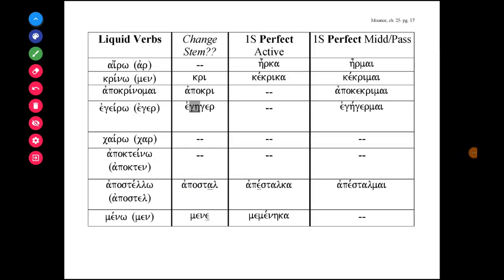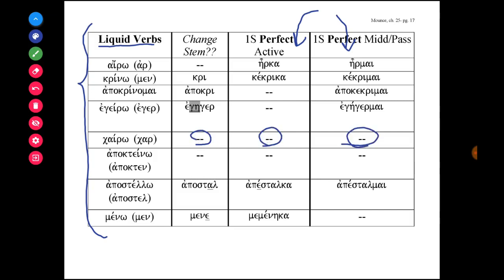On this screen, I listed out some of the liquid verbs that you'll find in an extra handout in your learning activity on vocabulary. There you'll have all the liquid verbs listed, and you'll be asked to fill in these columns. Where there is no form that exists in the perfect tense for a particular verb, those are left blank. These lines mean that it doesn't show up in the New Testament, therefore you don't have to worry about it.